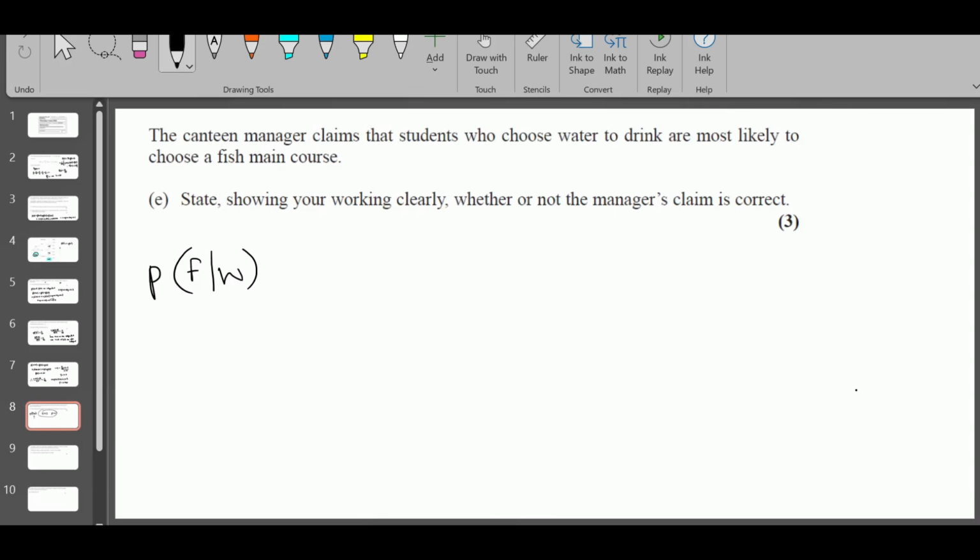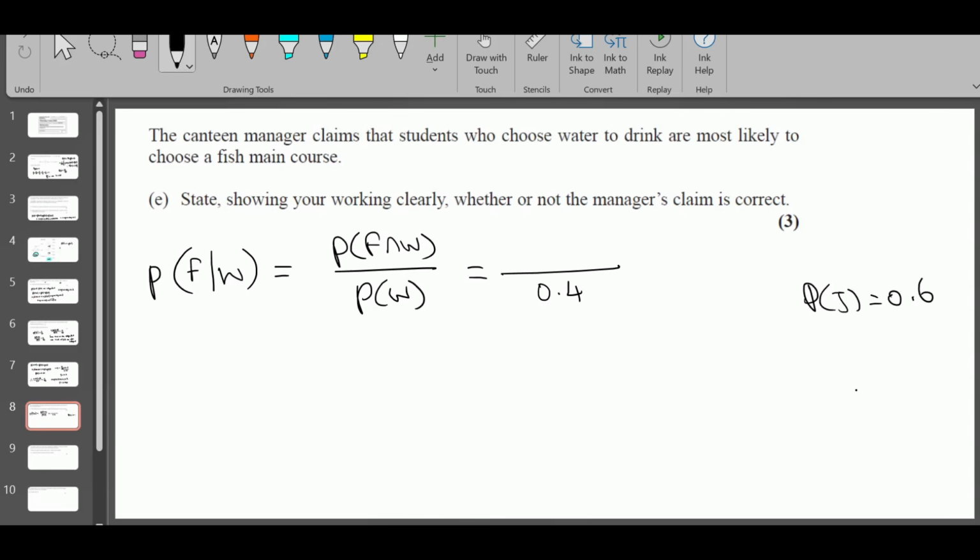Okay, let's find P of F given W. P of F intersection W over P of W. We know the value of P of W, which is 0.4, because P of J is 0.6 in the previous part. Therefore, P of W is 1 minus 0.6, right?